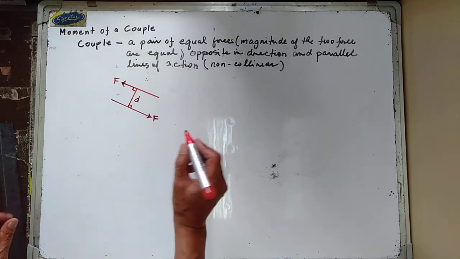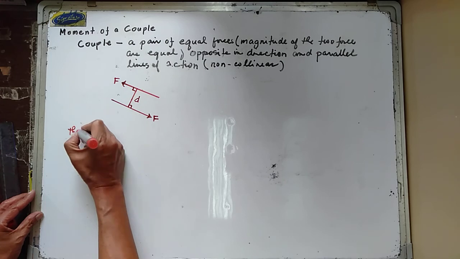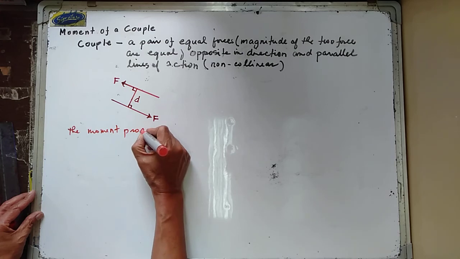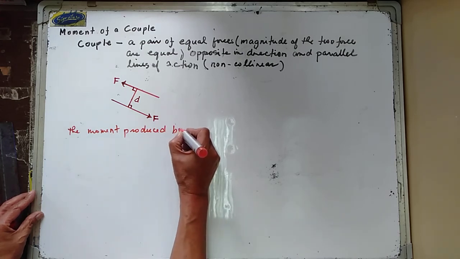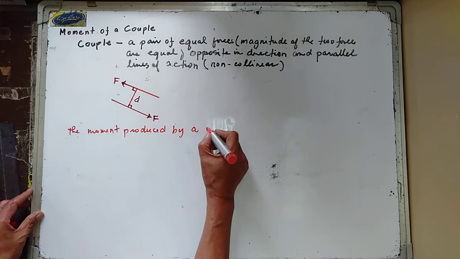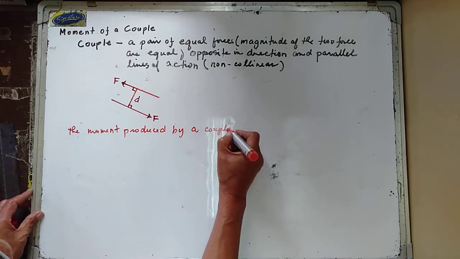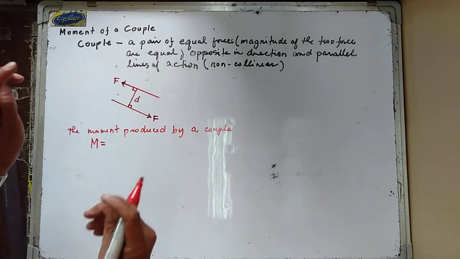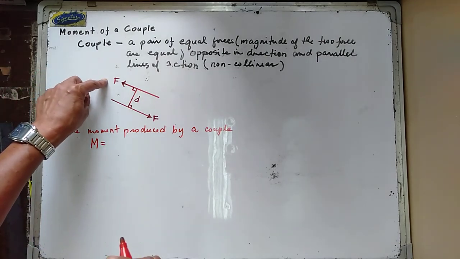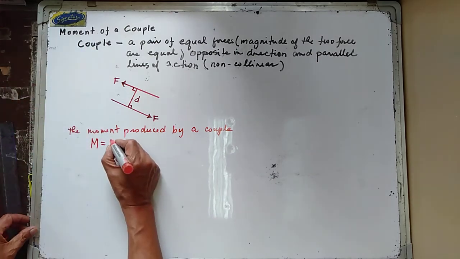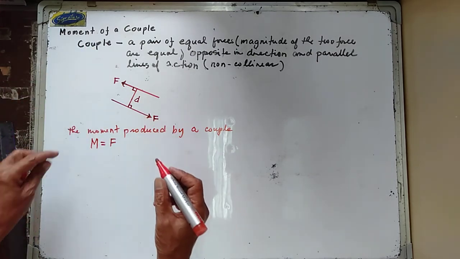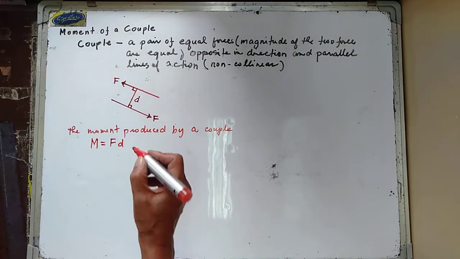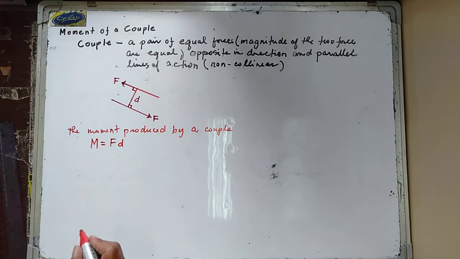And therefore, the moment produced by a couple is equal to the magnitude of the force F multiplied by the perpendicular distance between their lines of action.